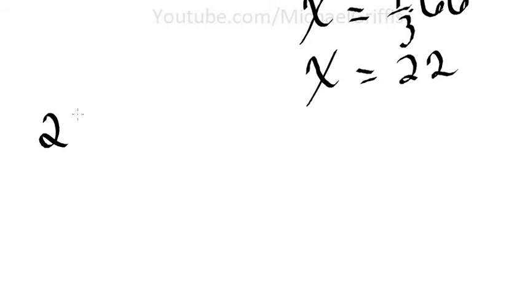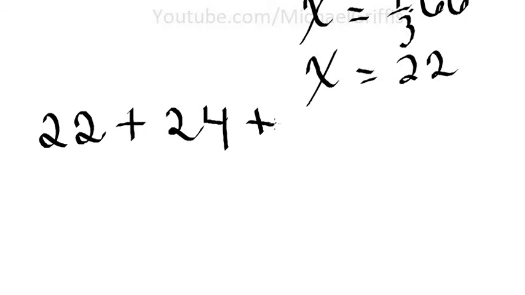So we have 22, and then what would our next integer be? 22 plus 2 is 24. And our next integer would be 22 plus 4, which is 26.